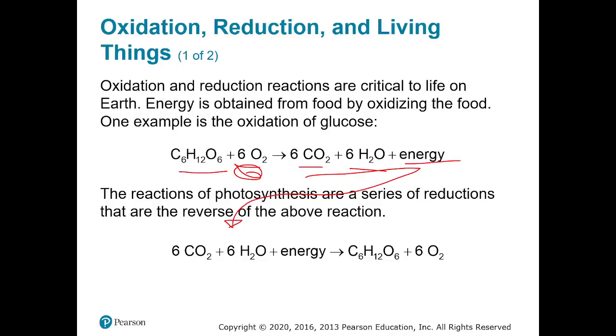We take CO2 from the environment, H2O from the environment, and energy in the form of light from the environment. Those are then combined and used to synthesize sugar, typically glucose, and O2, excuse me. The O2 is typically released, and that's what we humans breathe, and we go, thank you, plant.